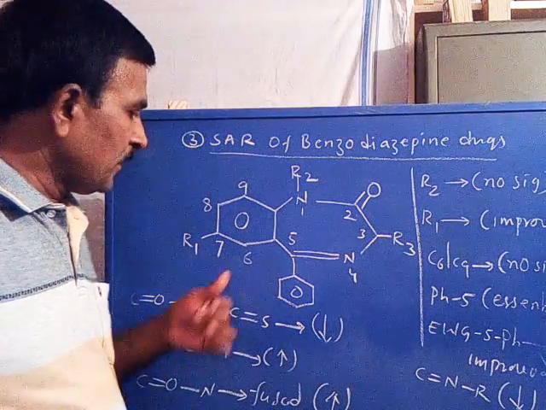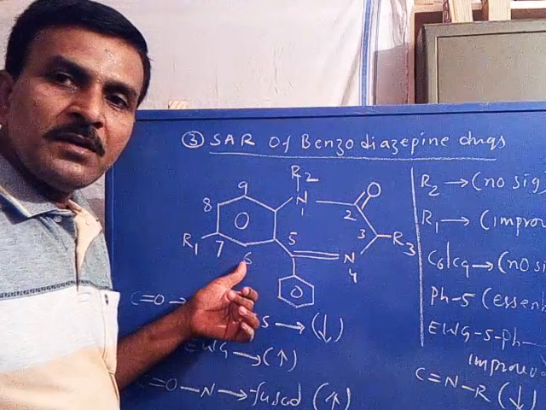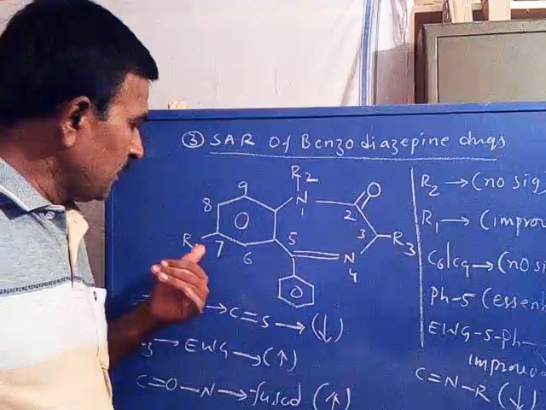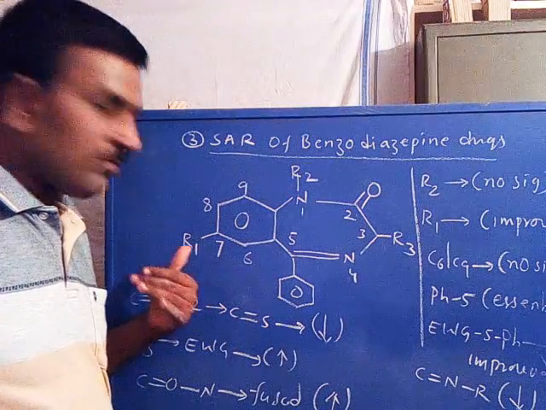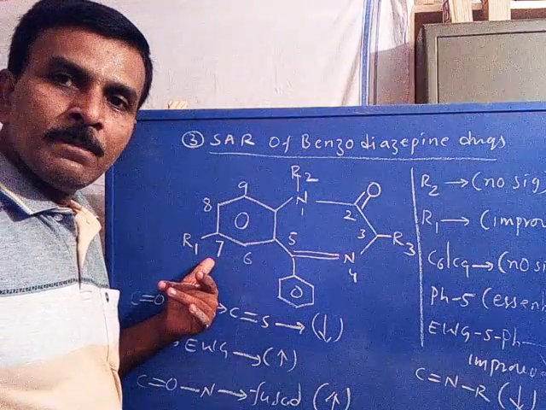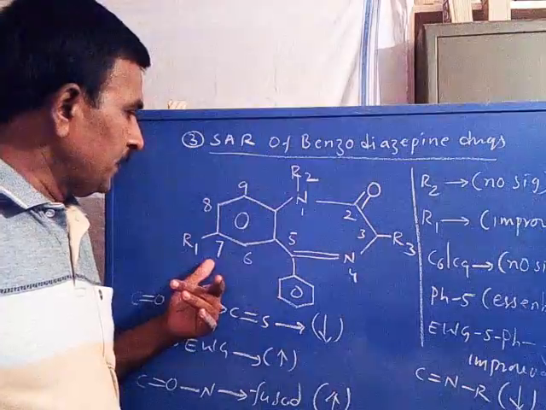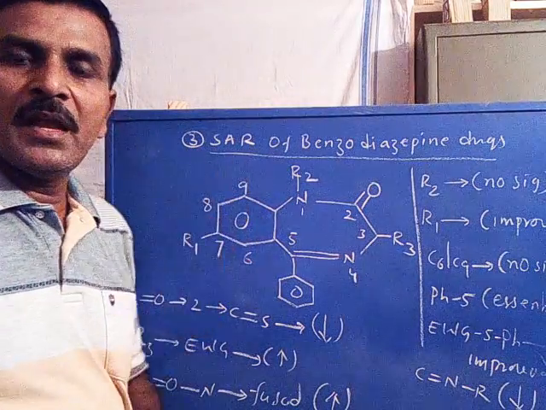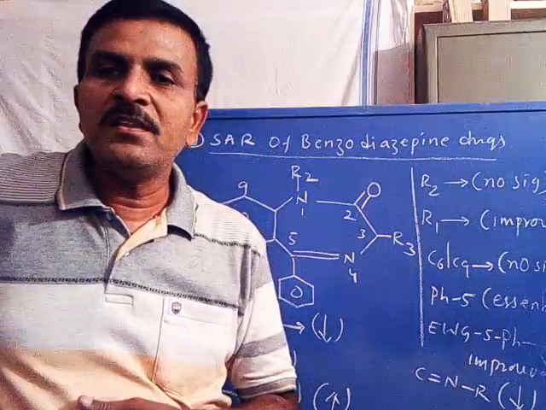Are you following? Now, substitution on sixth position has no significance. Substitution of R1 group on seventh carbon improves its activity. Now substitution of 8th and 9th carbon by any other does not change its activity.